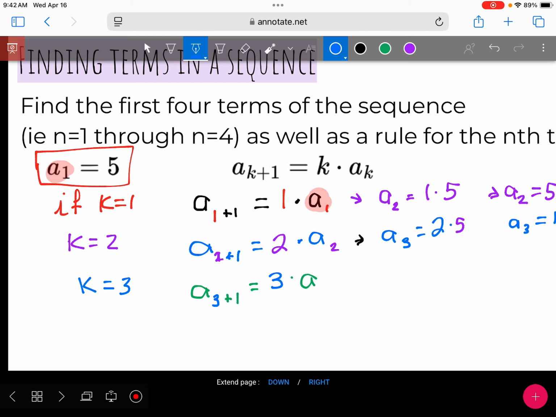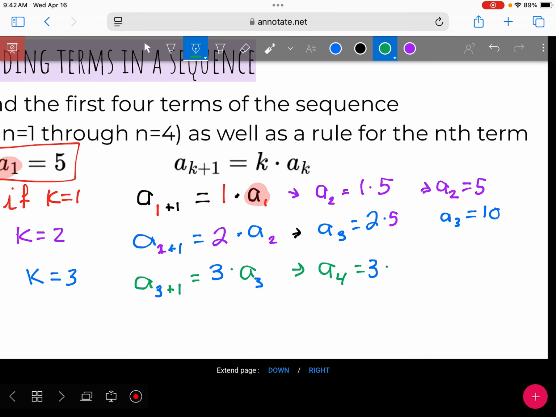Because then when I simplify this, 3 plus 1 gives us a sub 4, because 3 plus 1 is 4. But we get that from 3 times our a sub 3, which was 10.